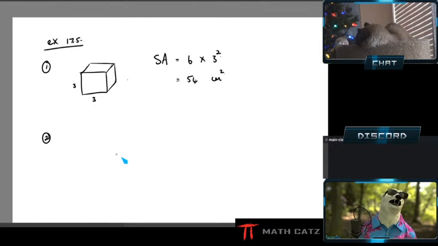Number 2, a tetrahedron with some side length. I just assumed it was centimeters. Let's just make it centimeters. They don't even tell me the units. But let's have a unit so that I can see the unit squared is my area unit. All right, tetrahedron. Now I have to practice. Practice some drawing. It's good for me.